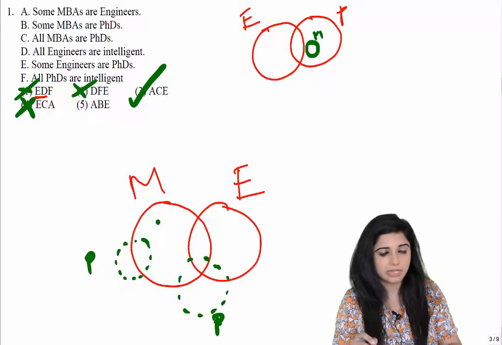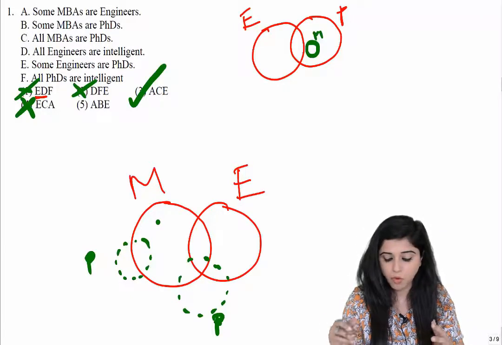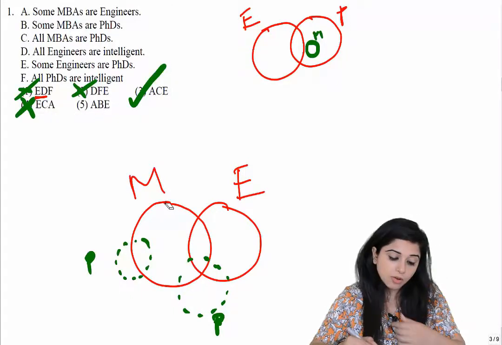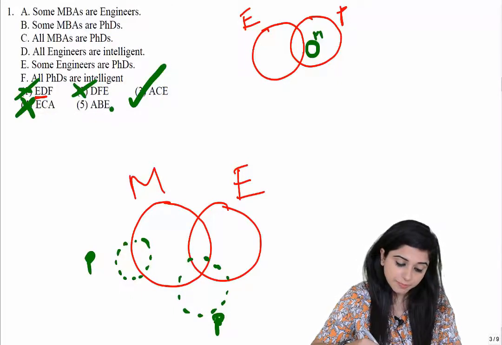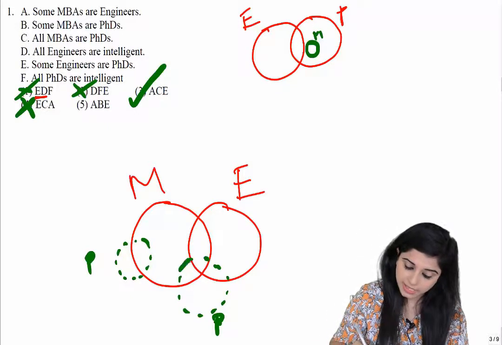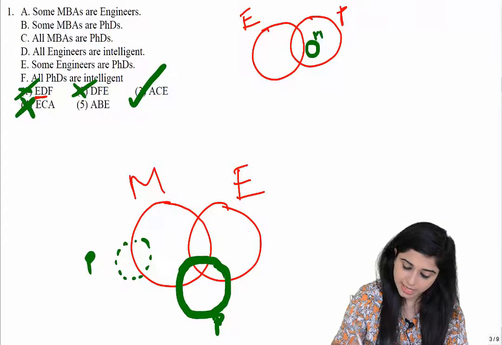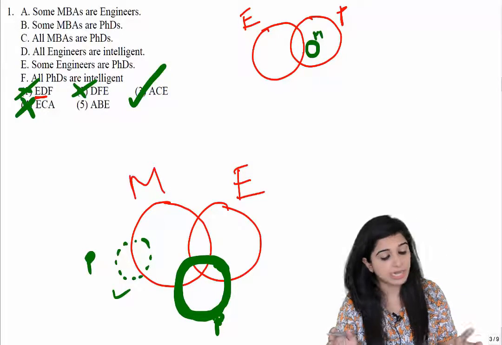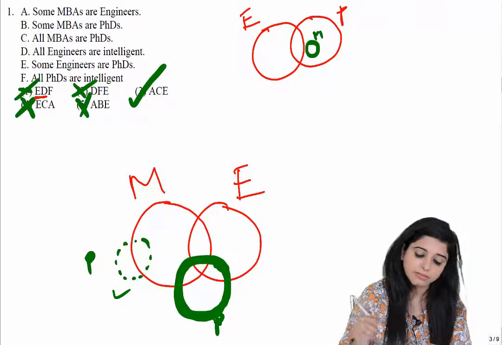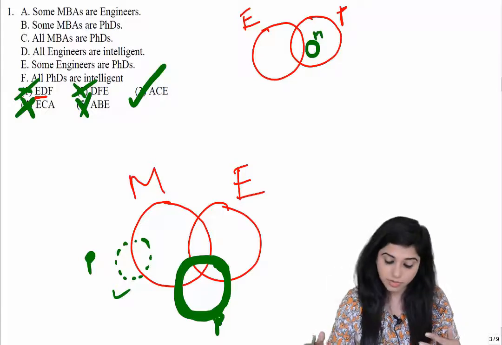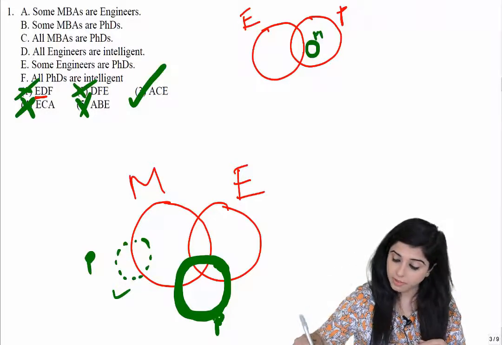PhD could also happen inside, right? But it makes more sense if we draw it like that. Perfect. So let's look at the conclusion. E says some engineers are PhDs. Most definitely if we were taking this case into account, but in this case, not necessarily. Therefore, 5 is not our answer. Did you understand why we picked number 3 as our answer choice, right? Perfect, perfect. I hope you did.